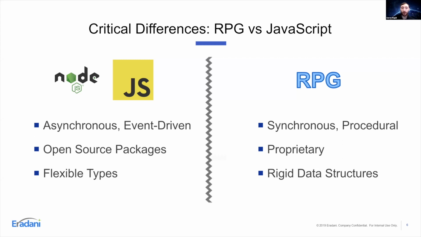So number one on our list is the asynchronous, event-driven nature of JavaScript, as opposed to, in the RPG example, synchronous and procedural code. What that means is that JavaScript is designed to run tasks in parallel. It's designed to work with events.